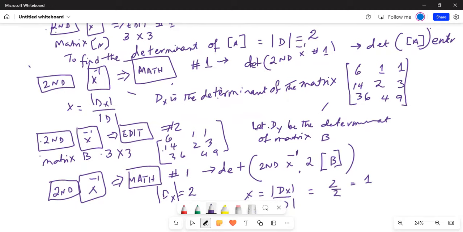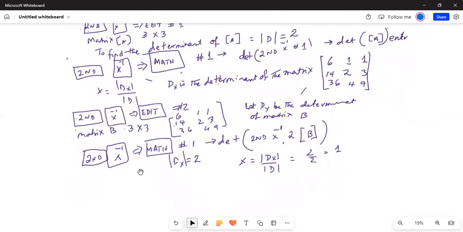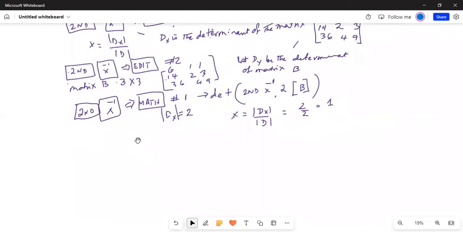In the same fashion, we can find out y and z. Let's do the calculation for y. I will first reduce this a slight bit, and then move all of this up.